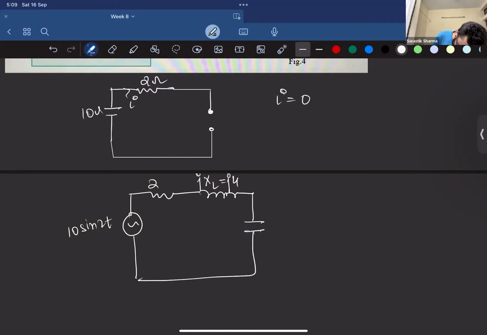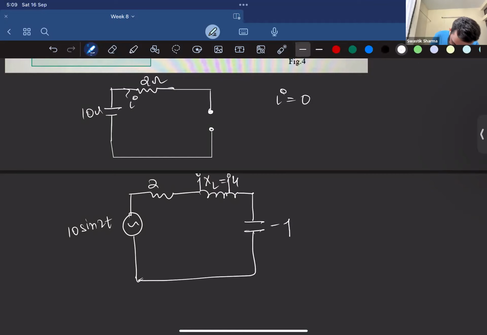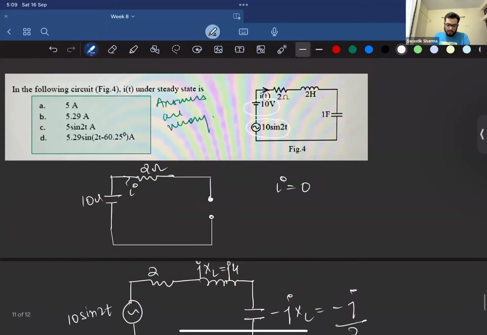And for the capacitor, it's represented as minus jXC, which is minus j upon 2, always.